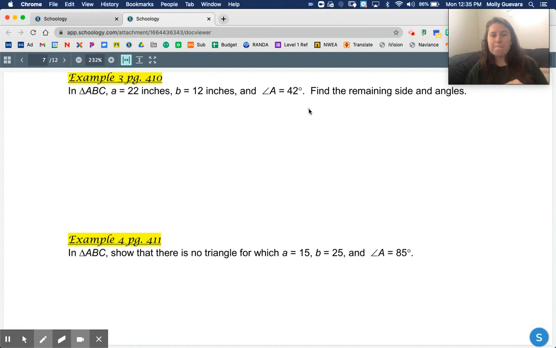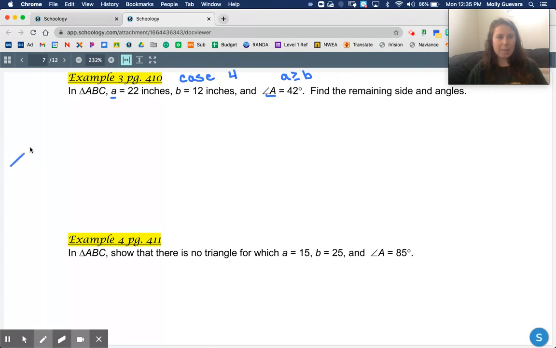And then the side that associates with the angle given, 22, is greater than the other side. So that tells me that this is case 4, right? Because A is greater than or equal to B. So the side I'm given that associates with the angle is greater than the second side.